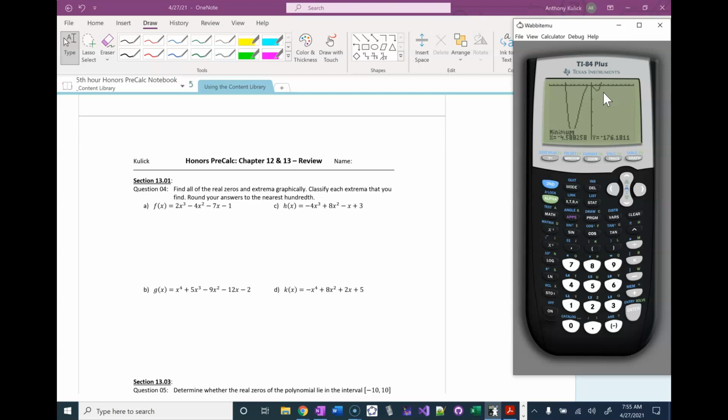Let's see. I always have to go back and double check what the rule is there. Let me look at the notes here real quick. Ah, there it is.